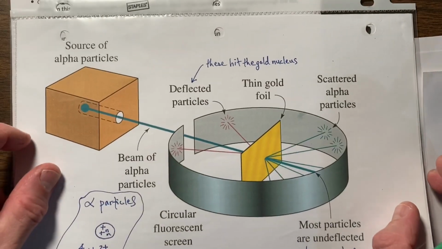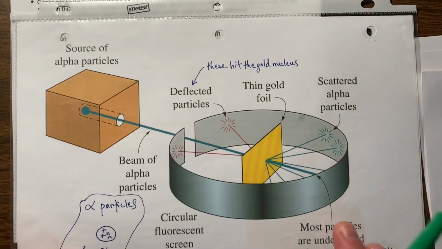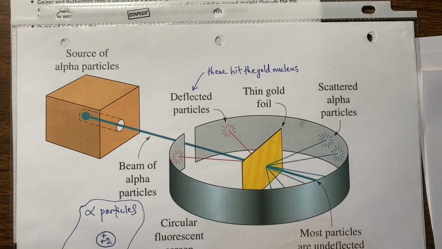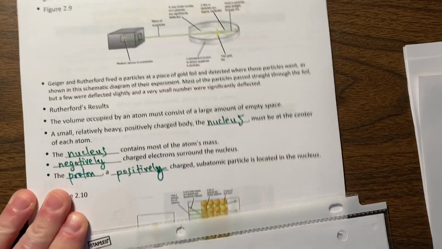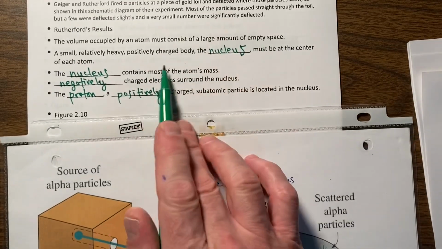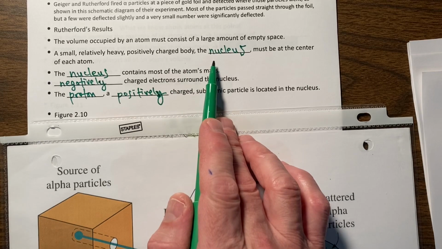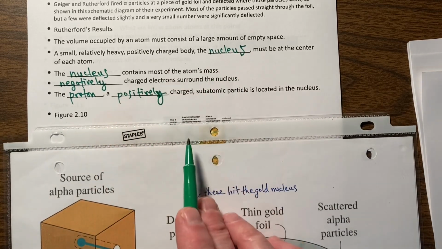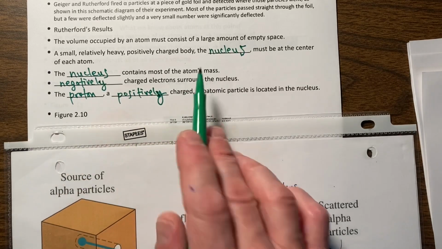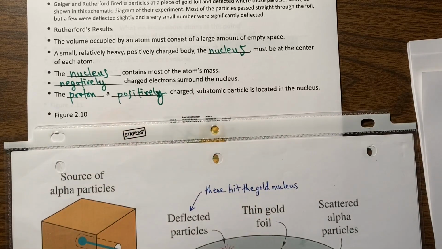I think that's in view. So again, I'll restate what he discovered with this and show you why he came up with the results which I just stated to you. The nucleus is at the center of the atom, the nucleus contains most of the atom's mass, and the negatively charged electrons surround the nucleus.